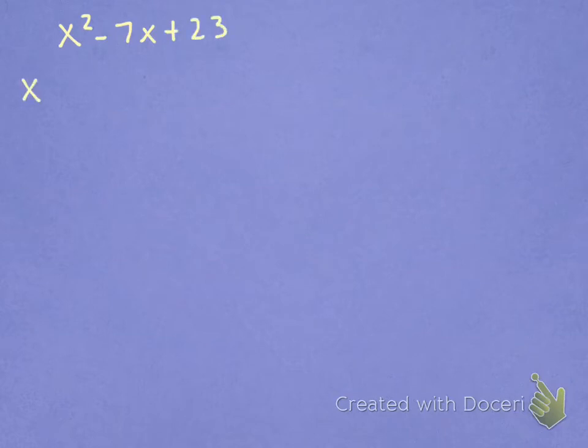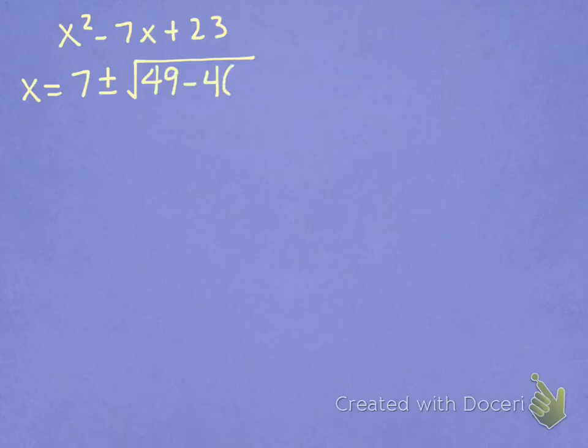We use the quadratic formula, which says negative b, and our b is negative 7, so that's going to be positive 7, plus or minus the square root of b squared, which is 49, minus 4 times a, which is 1, times c, which is 23, all over 2, because the denominator of the quadratic formula is 2a, but our a is 1.